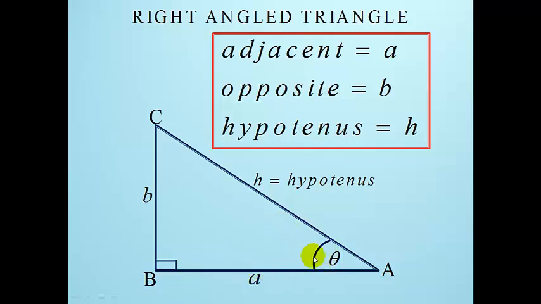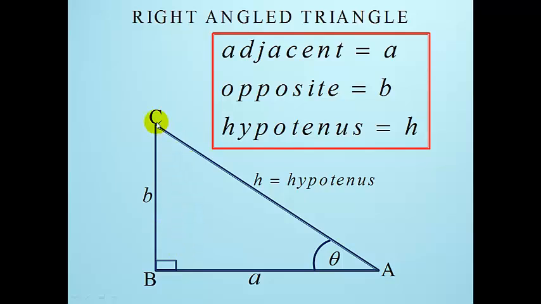So we have the three sides. We have the opposite to the angle theta, we have the longest side, that is the hypotenuse, and we have the adjacent. This triangle ABC is a right-angled triangle, and a right-angled triangle is a triangle that has one of its angles being equal to 90 degrees.